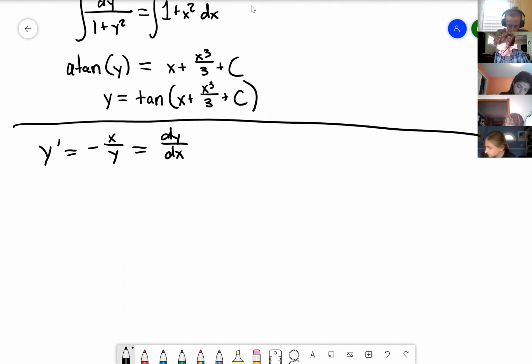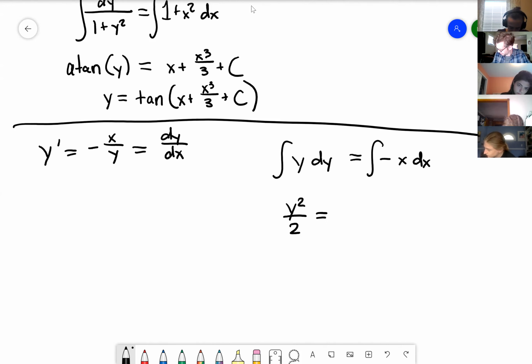And what we get here is y dy is equal to minus x dx. I'll integrate both of these, and I'll get y squared over 2 is equal to minus x squared over 2 plus c.